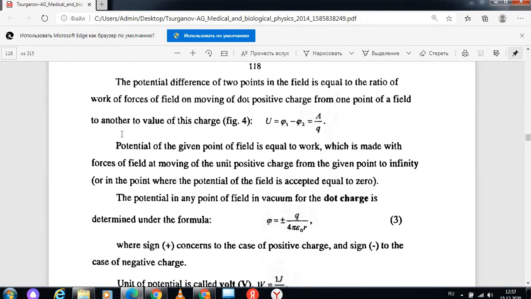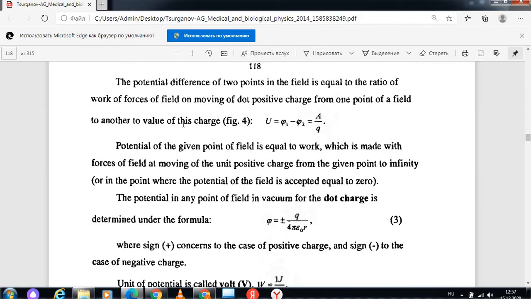The potential difference of two points in the field is equal to the ratio of the work of the forces of the field moving a positive point charge from one point of a field to another, to the value of this charge.